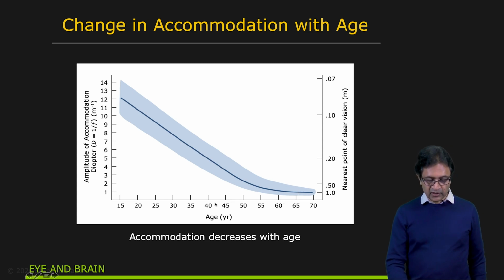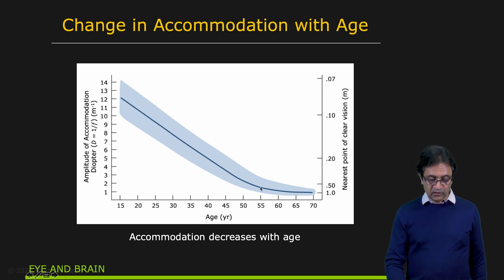So here you see age on the horizontal axis, and on the vertical axis here, you see the shortest distance that typically, on average, one can actually focus at.